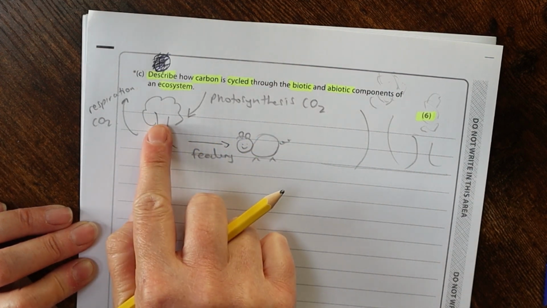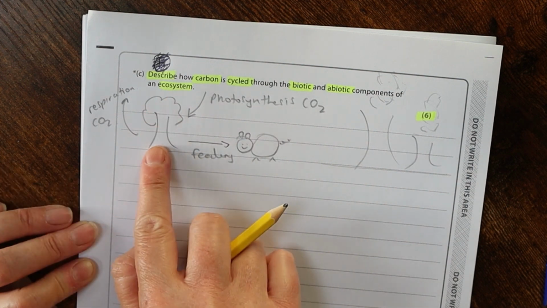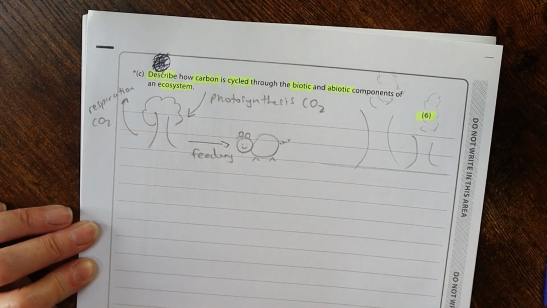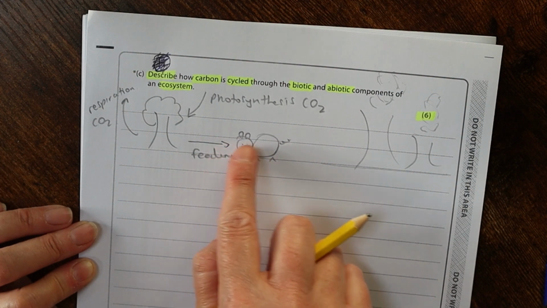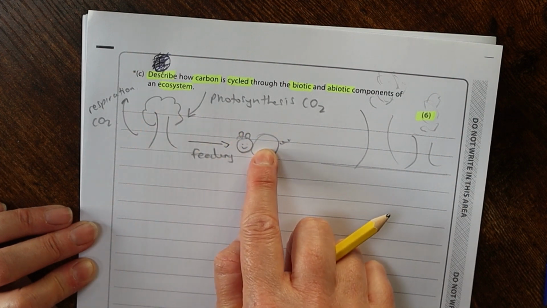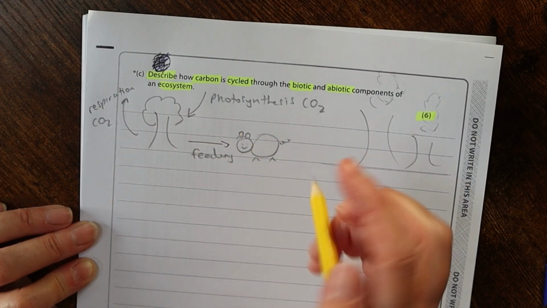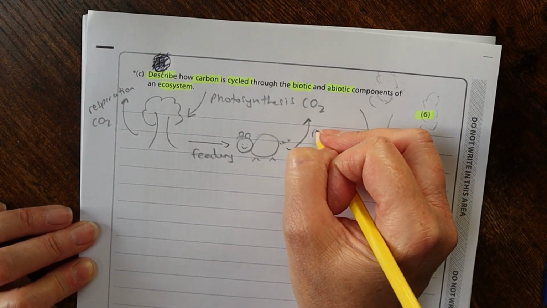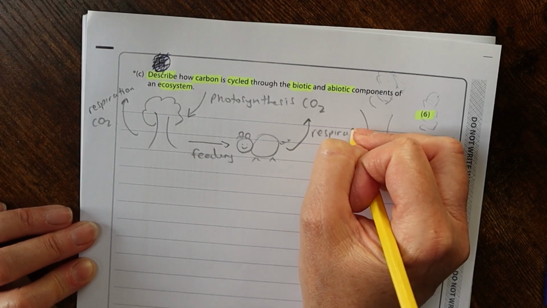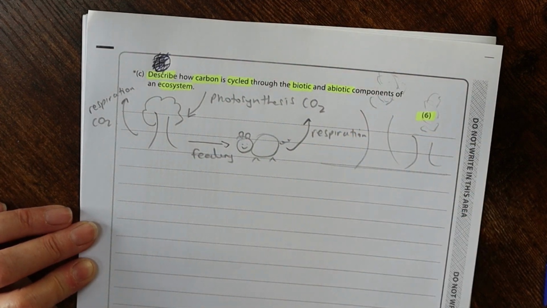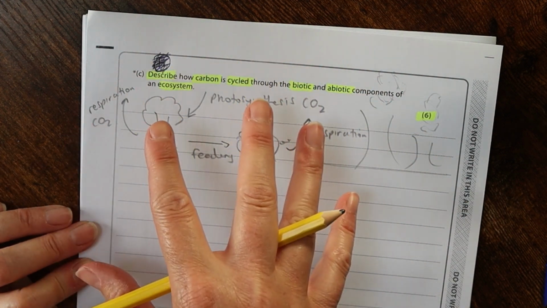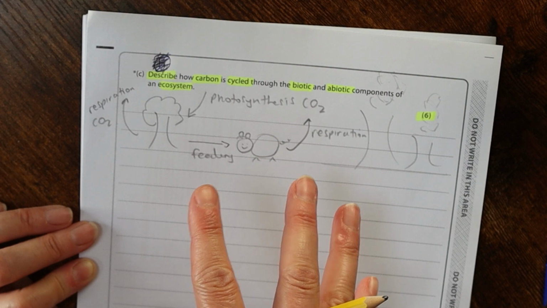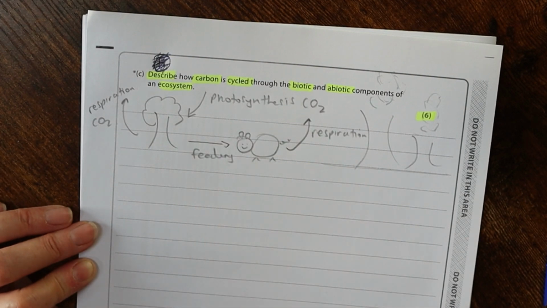Through feeding and ingesting food, the plant carbon will become part of the animal carbon. And also because animals are living, you've guessed it, they are respiring and releasing carbon dioxide back into the atmosphere. And these are all biotic factors because they all involve living things.